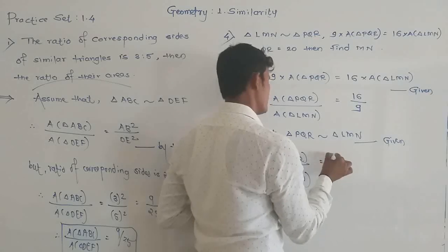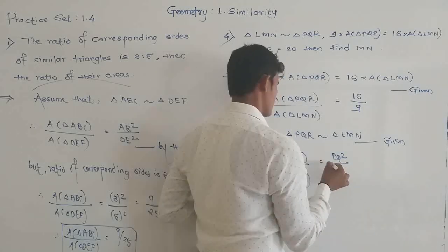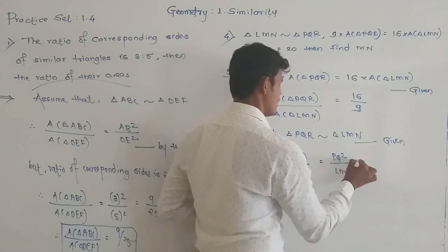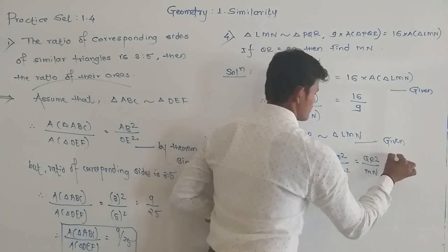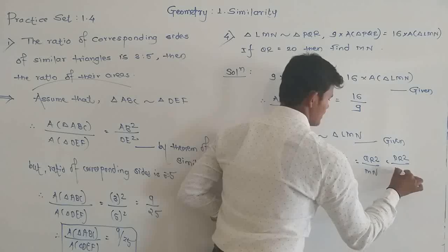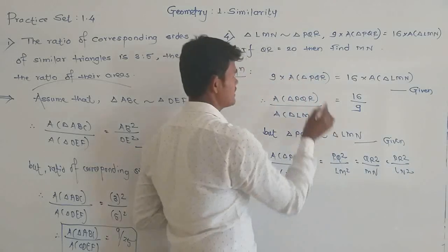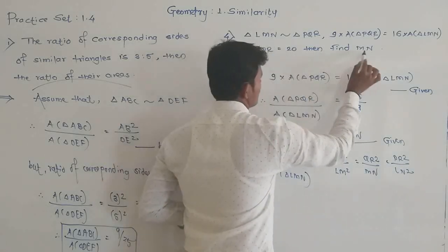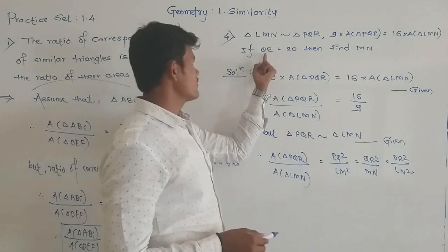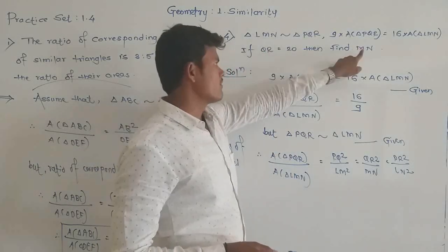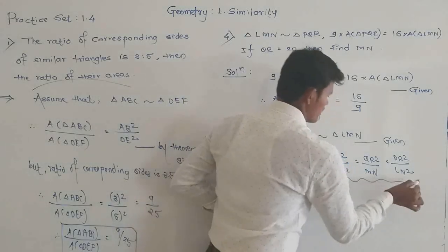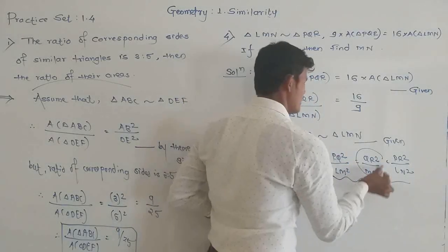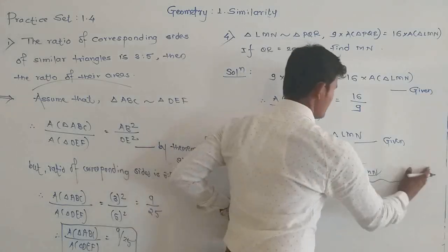Okay, instead of PQ square, we are writing all the three ratios: PQ square upon LM square is equal to QR square upon MN square is equal to PR square upon LN square. But we want only the ratio QR upon MN, because we are given the length of QR and have to find the length of MN. So all the three ratios are equal. So instead, we write only QR square upon MN square.